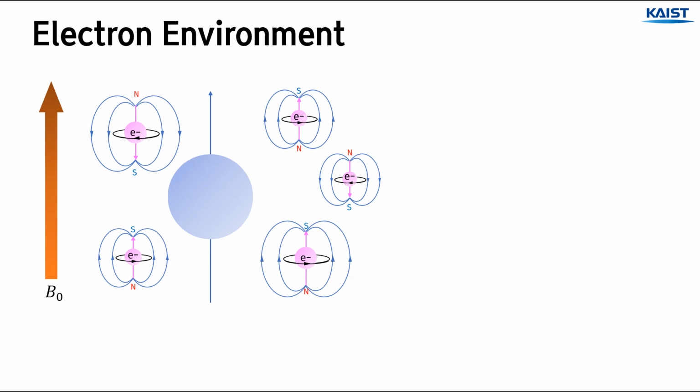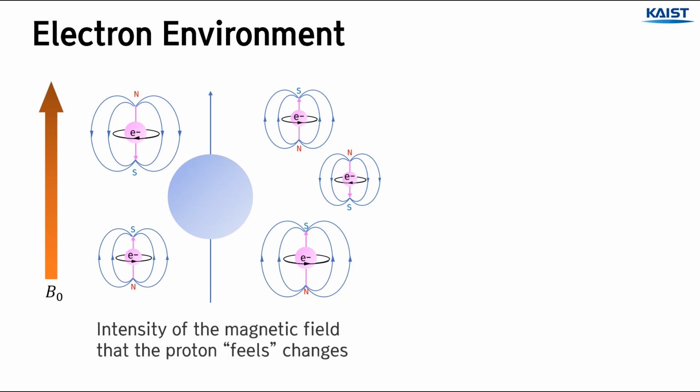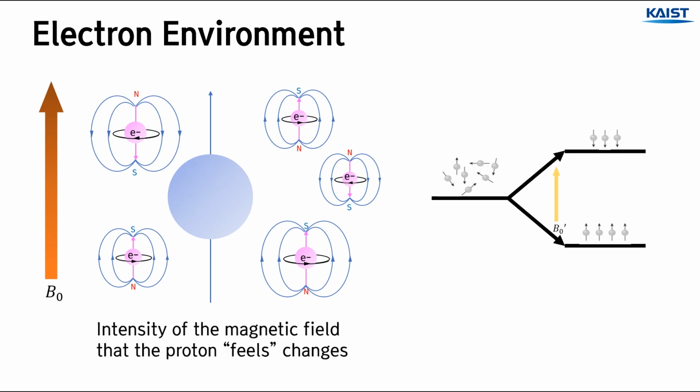Therefore, the intensity of the net magnetic field that the proton feels is changed. In this diagram, the net magnetic field intensity is different from the B0, which is originally applied. So the energy spacing delta E also becomes different.